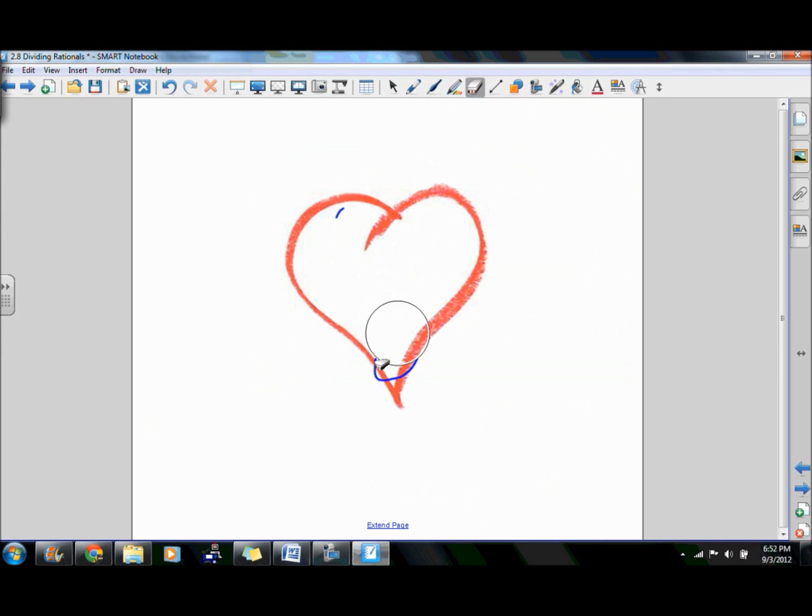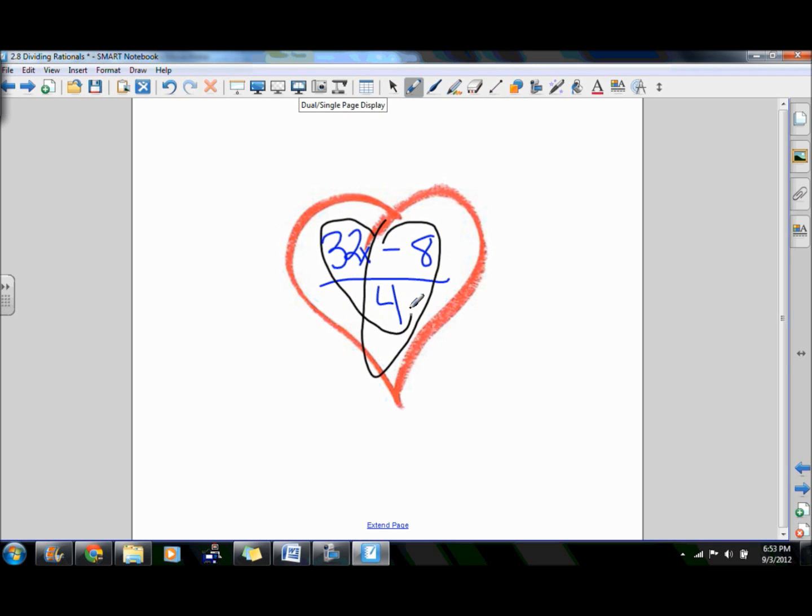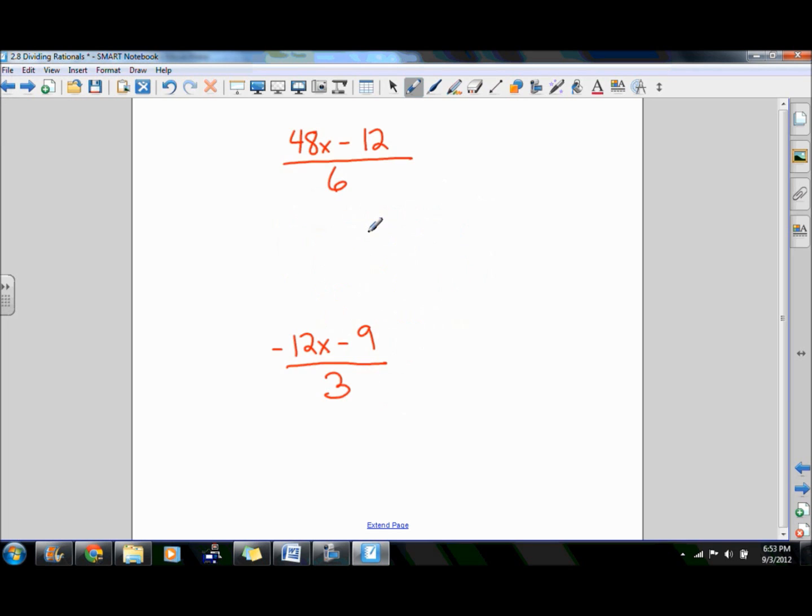Just horrible. Let's try this again. 32x minus 8 all over 4. Heart method. Heart. Pretty horrible. But the idea is that it's a picture.